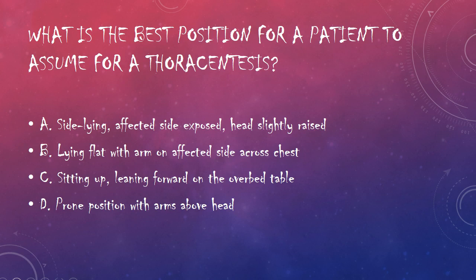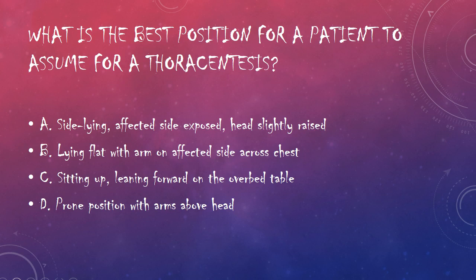So what can open their lungs so that the provider can get into their lungs with a needle? Well, they can't lie flat with their arm affected because if you lie flat, it doesn't really open your lungs, right? If you're prone with the arms above the head, that doesn't really open your lungs because the provider needs to get to the sides of your lungs, right? Or maybe to the front.